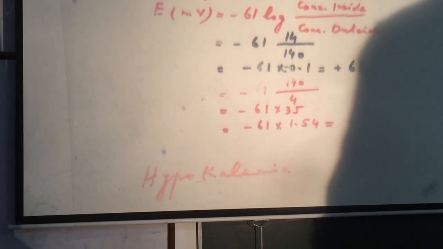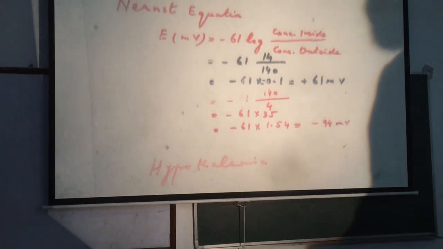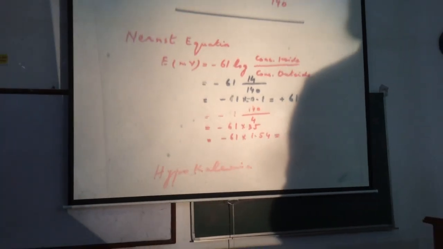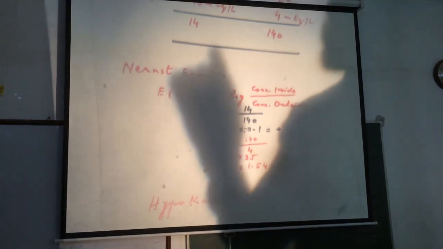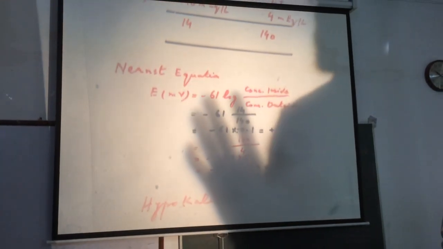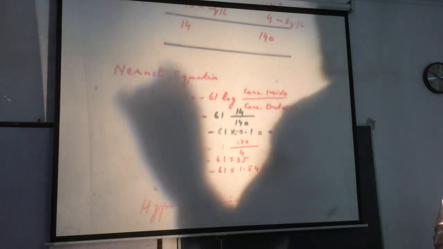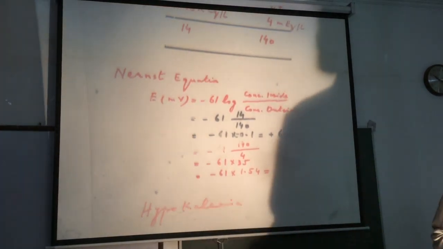And this is called hyperpolarization. Hypokalemia is when there is low plasma potassium concentration. So when there is low potassium concentration in the plasma or extracellular fluid, it is called hypokalemia.